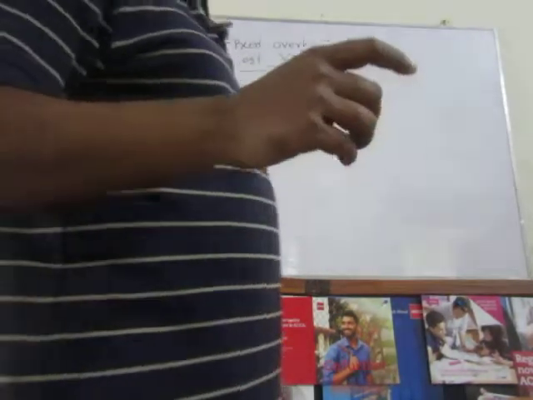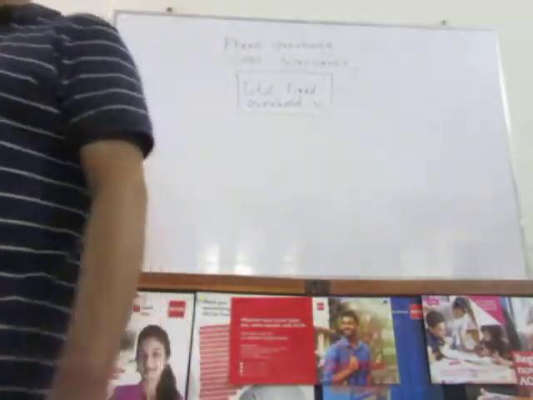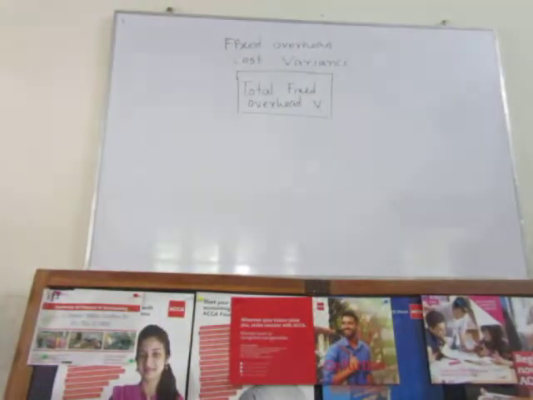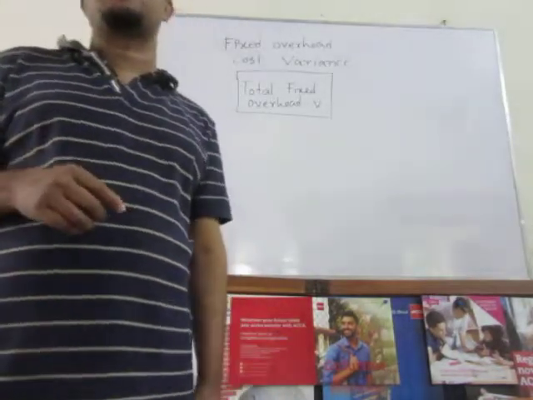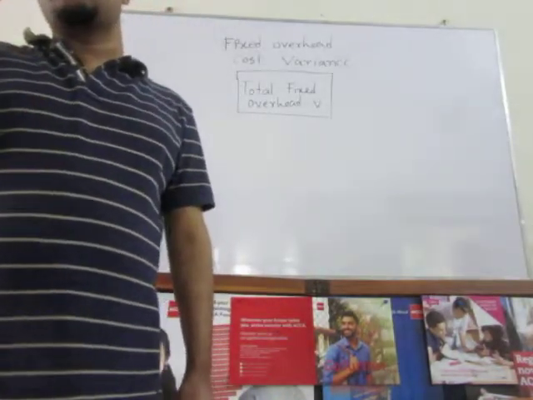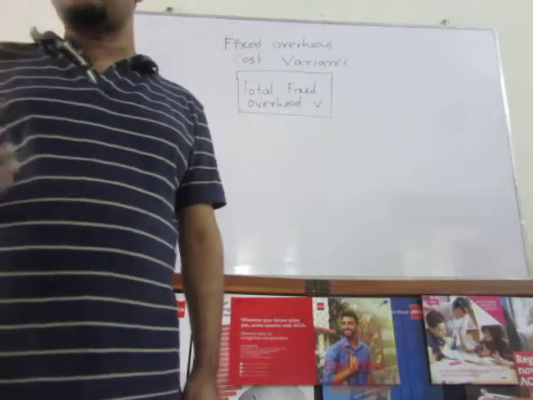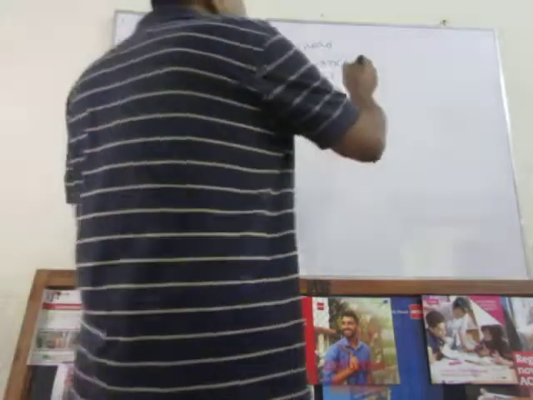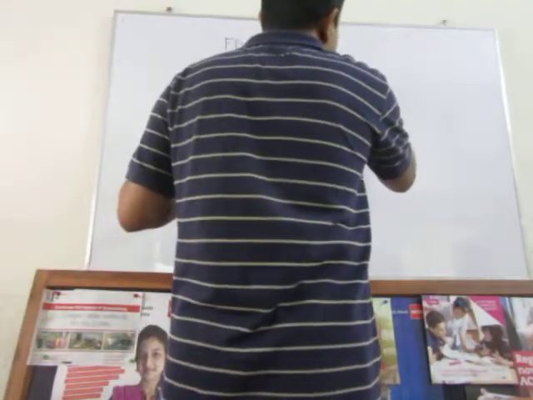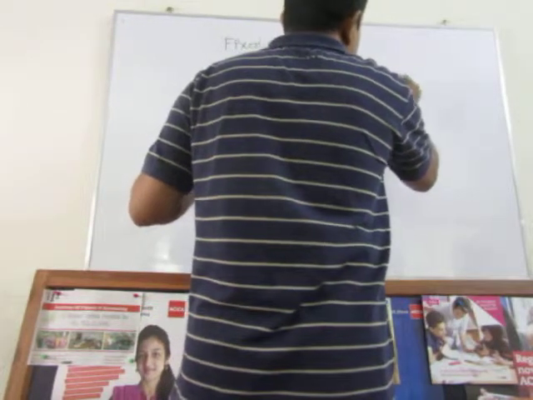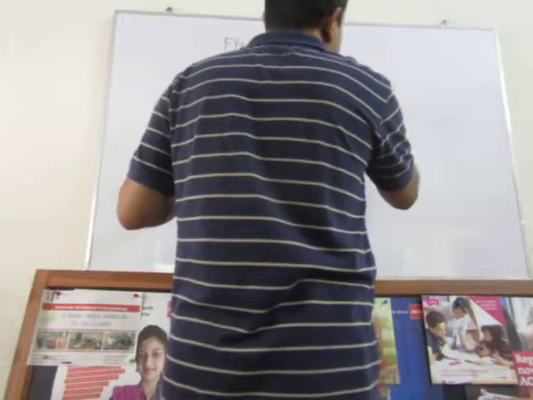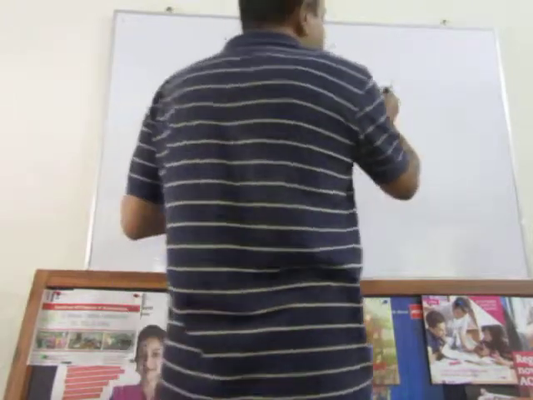Total fixed overhead variance. What will be that? We have discussed in an earlier chapter, when we went through overhead absorption rate, the under over absorption, right? Under over absorption we calculate: absorbed overhead and actual overhead, and find the difference between these two.